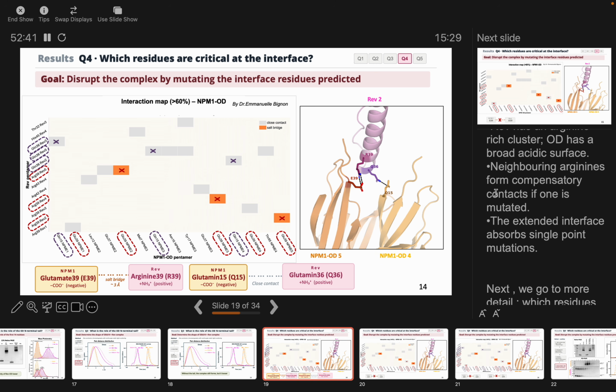Even if we have a high confidence in this prediction, we have to keep in mind that it's only a prediction, and it's for that we combine all the different experiments to try to answer this question, even if we don't have any crystallographic or high resolution result on the complex.